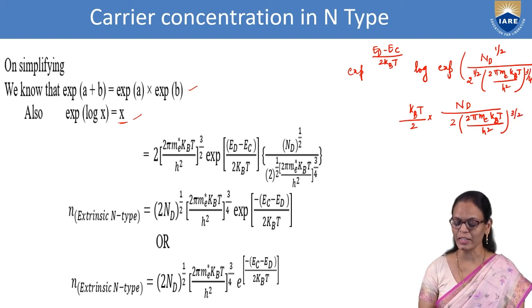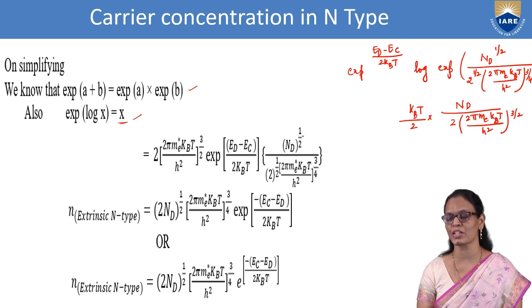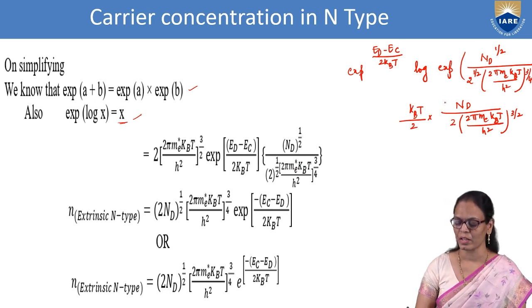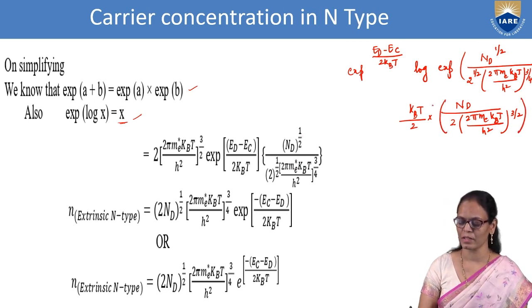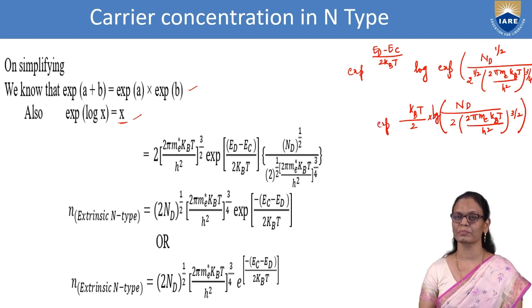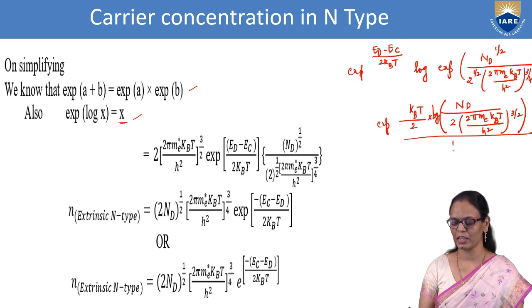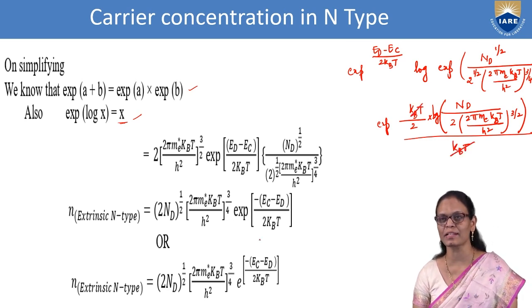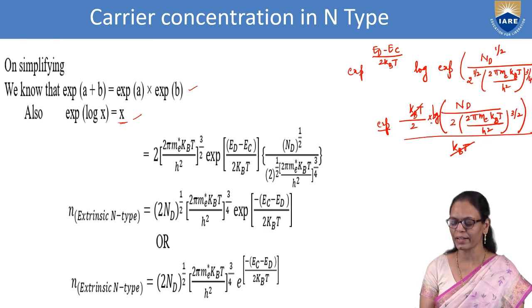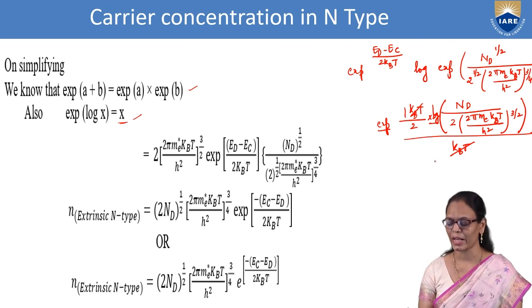And when we have taken the log of the exponential, we are left with this. You have the exponential also and the log also, divided by kBT. So now this kBT and this kBT will get cancelled, and exponential and log will give us only this value with the power. Whatever we have here, 1 by 2, it goes to the power. We can write it as power half.